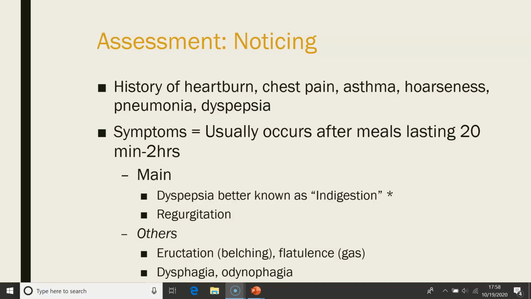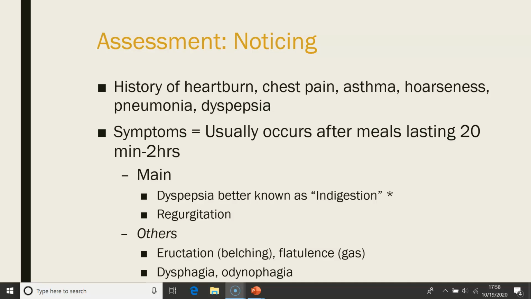So, assessment or noticing. You want to ask questions like, do they have a history of heartburn or chest pain, asthma? Do they have hoarseness in their throat? Do they have a history of pneumonia or dyspepsia? Their symptoms, when do they occur? With GERD, it's usually after meals, and it can last 20 minutes to 2 hours.